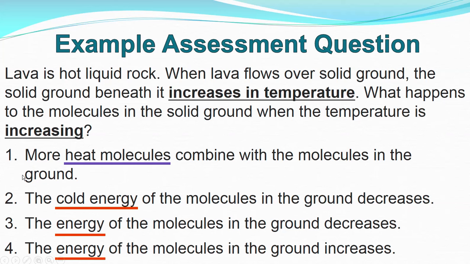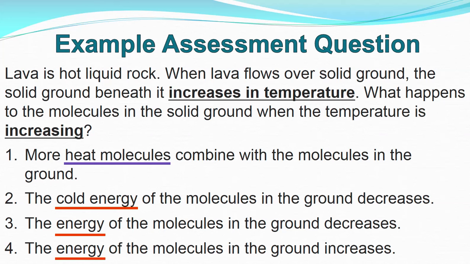The next three choices include the word energy. In choice 2, it says cold energy. Choices 3 and 4 just say energy. So let's take a moment to try to understand what cold energy means. Kinetic energy is the energy of motion. Energy is the ability to move or change something. The word cold is a word that refers to the temperature of something. You could say that ice is colder than water or something like that.